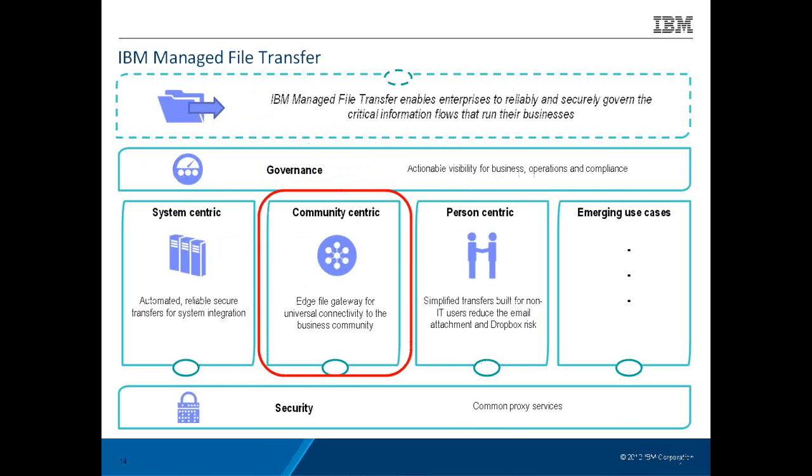Moving on to community-centric data transfers, typically what we see is you would have various FTP points, various ways of exchanging information. You wouldn't have a single solution for a point requirement, delivering a particular data to a particular point, or a single point broadcasting the same data to multiple points.